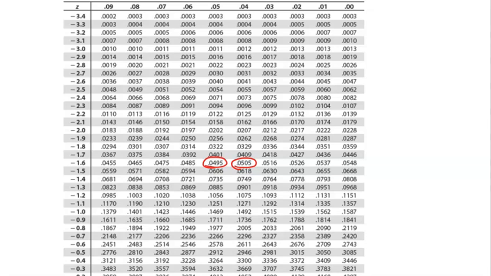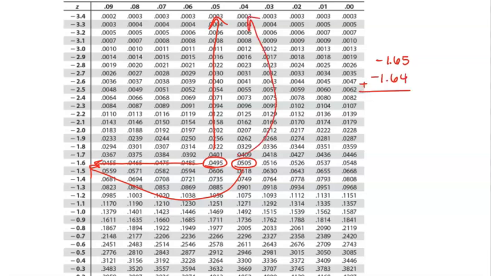So what I'm going to do is look up the z-scores that correspond to both of them, and then we're going to average those z-scores together. So 0.0495 matches up with negative 1.65, and 0.0505 matches up with negative 1.64.